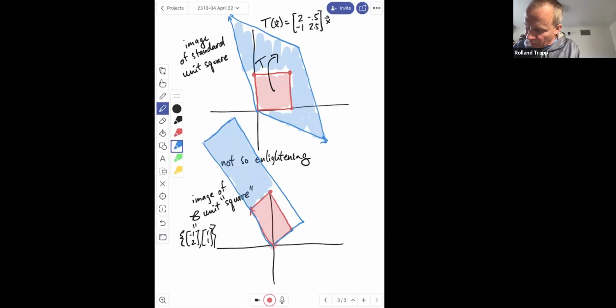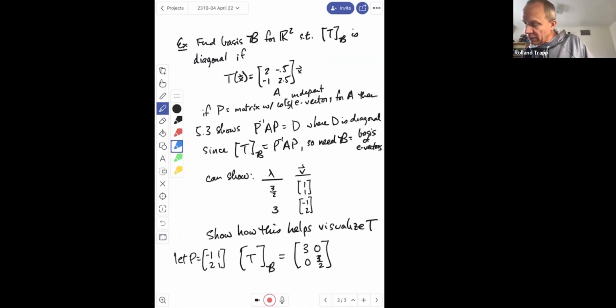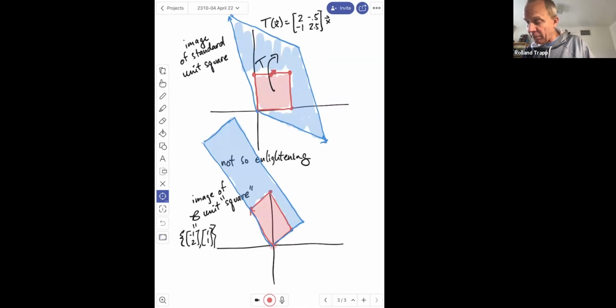So the whole point, visually or geometrically, of changing the basis from the standard basis, which gives us a kind of skewed up matrix, to one like this, is that if you change your unit square from the standard unit square to the B unit square, which is not really a square at all, it's a parallelogram, then it's easy to see the action of this linear transformation relative to that parallelogram.